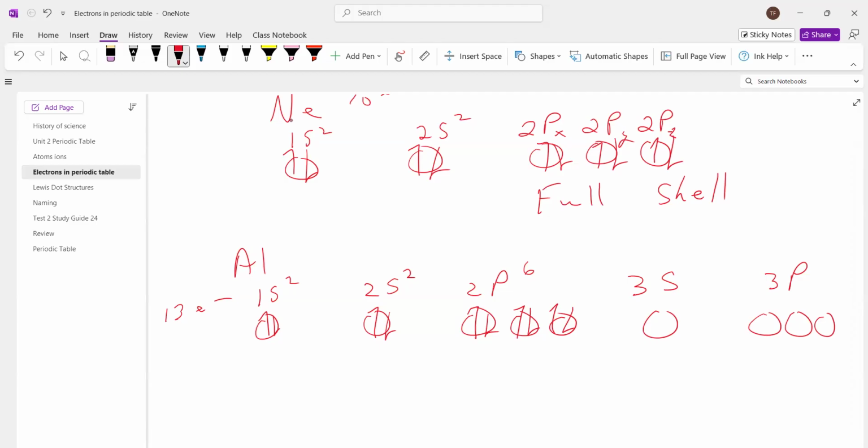So that's 3 left over. We're going to fill the S's first, and 1 left over in the P. So if we did a Lewis dot structure for aluminum, 1 singleton, how many pairs? 1 pair, 1 singleton.